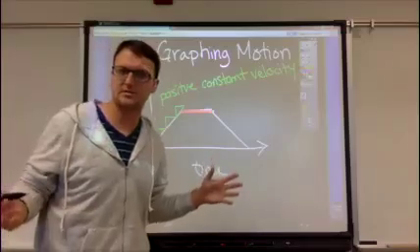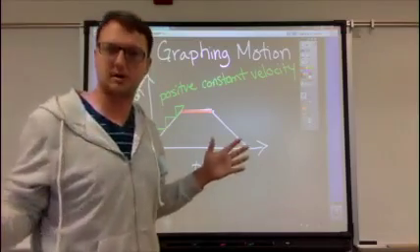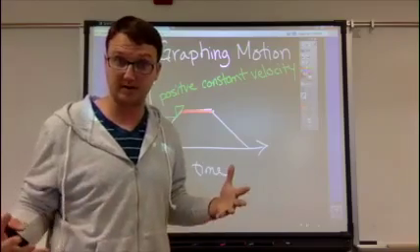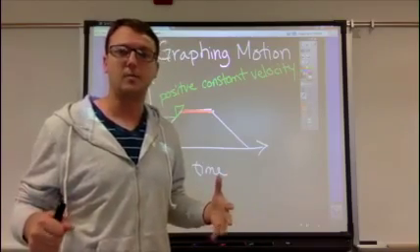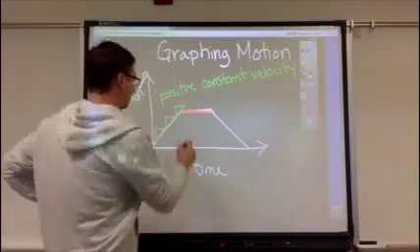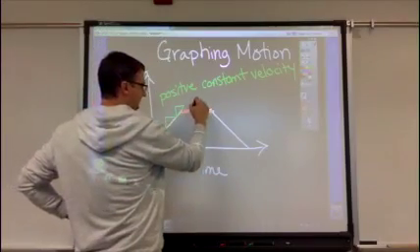So you can have a constant speed of 0, just like your mom or dad's car is stopped at a stoplight, waiting to go. Their car's on, but they're just not moving. That speed is just 0.